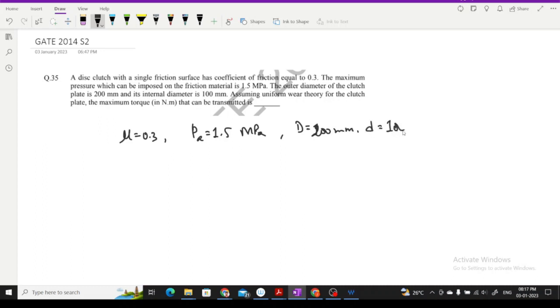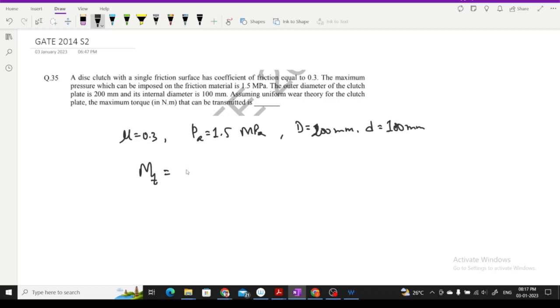Inner diameter is 100 mm. So now you can calculate. 530.14. Correct. Torque transmitted.